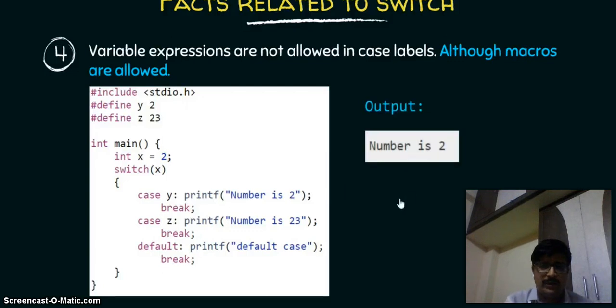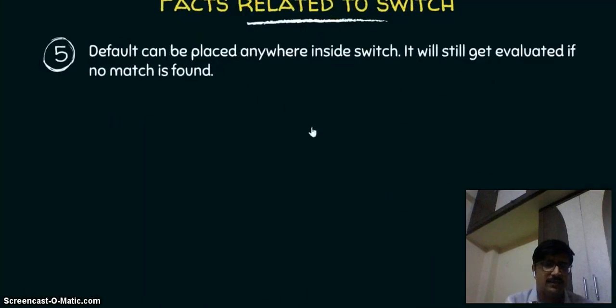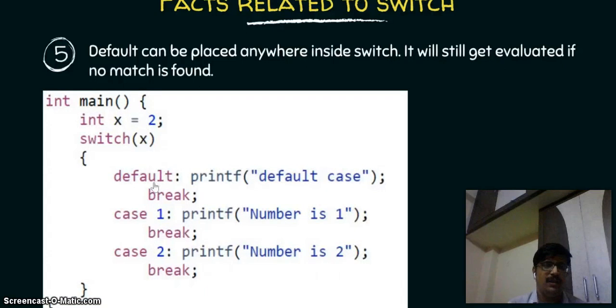Okay, let's consider the fifth case. Default can be placed anywhere inside the switch. It will still get evaluated if no match is found. Let's take an example where default is the first one itself. So default need not be the last one.